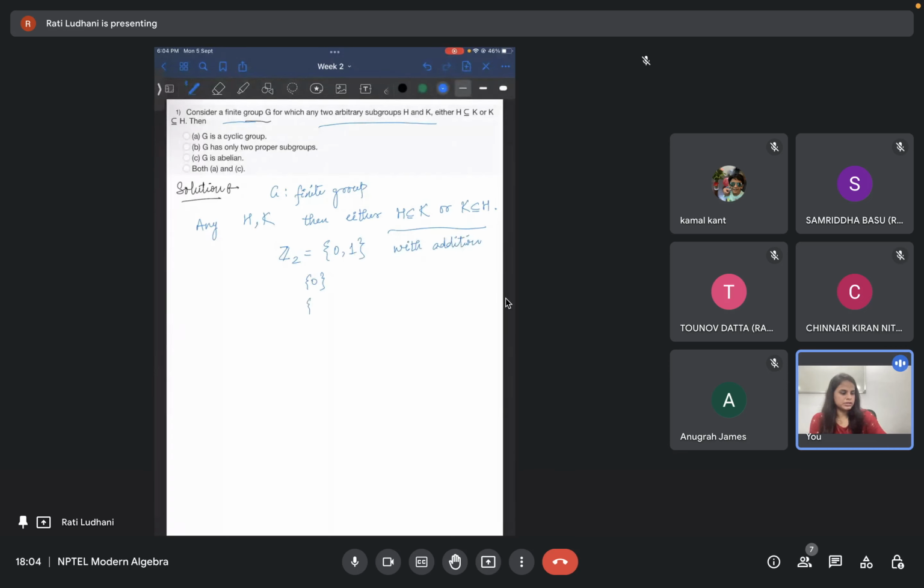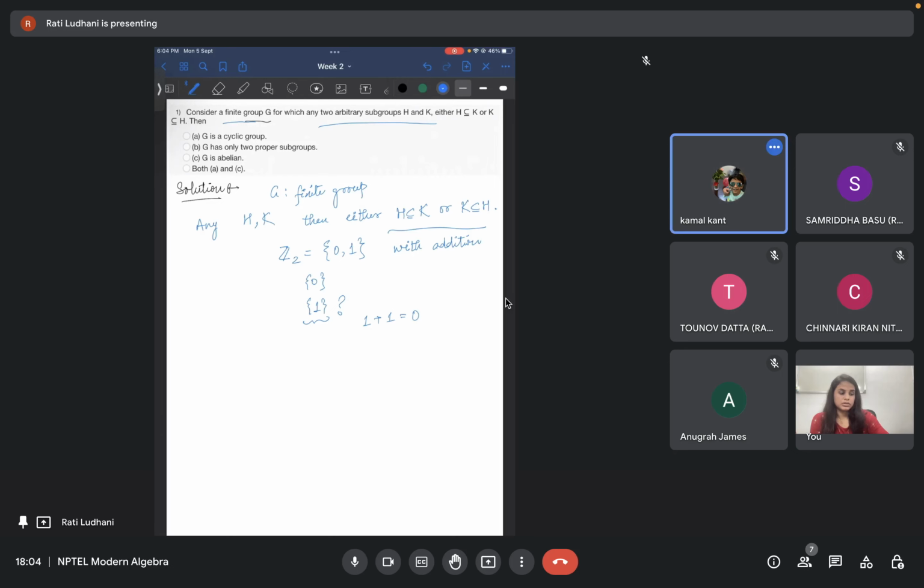So can you consider a subgroup like this? Yes or no? Think about it. No, because closure property doesn't hold. Right, if you take 1 plus 1, there's only one element in this set, so it can't be a group.